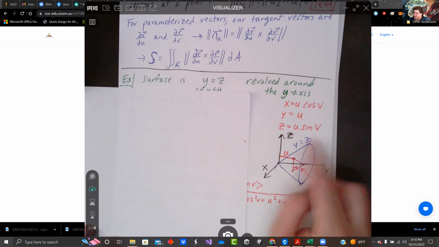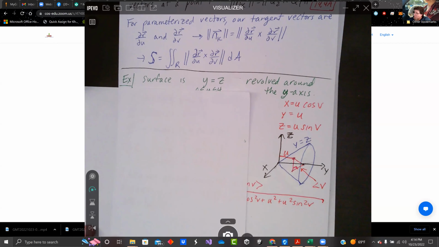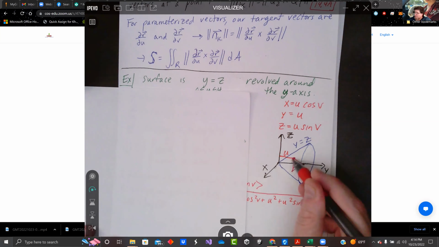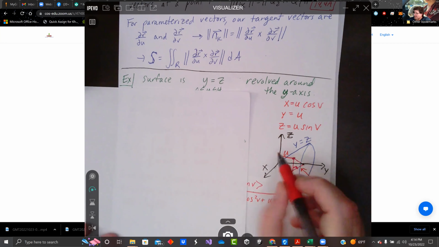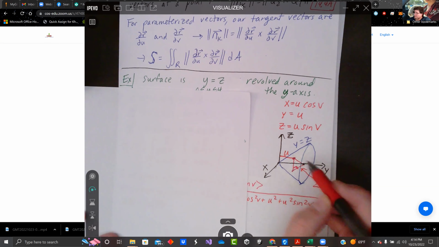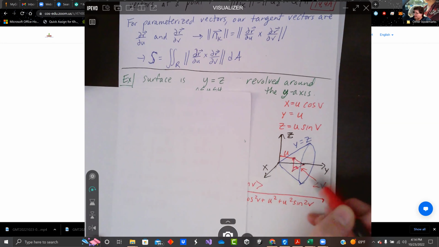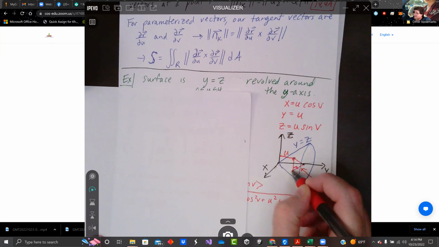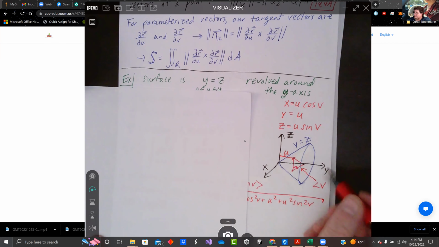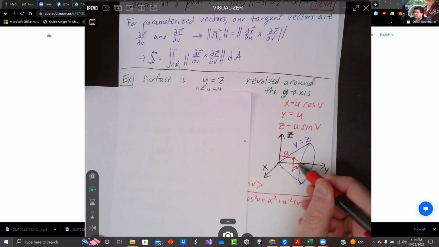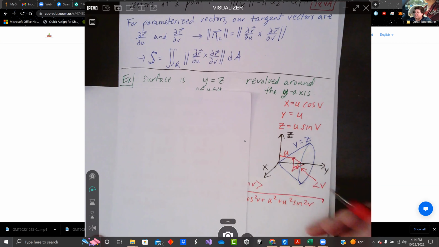I got this cone, really. From any point along there, I can make a triangle to the point. We're going to call the distance u, and the angle will be v that it makes with the XY plane.